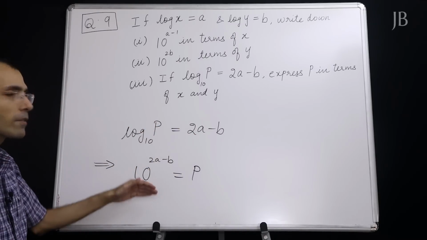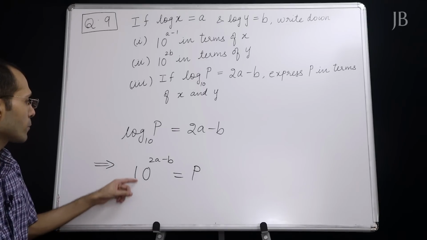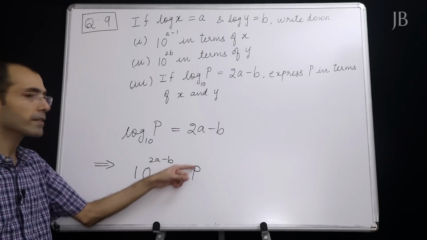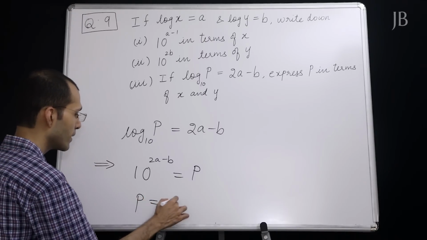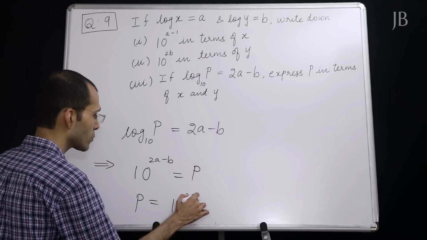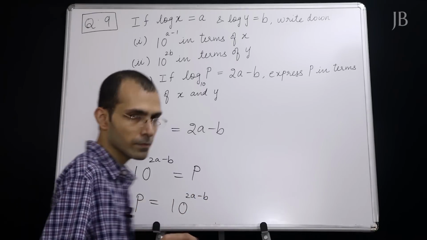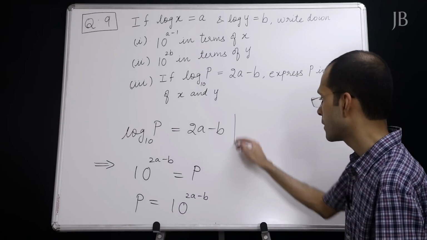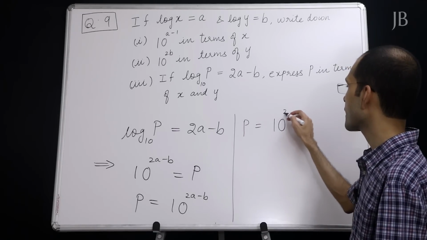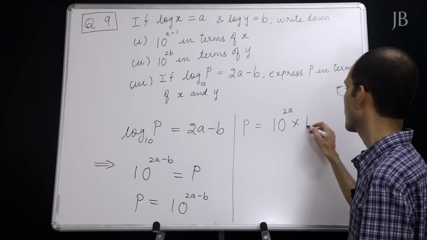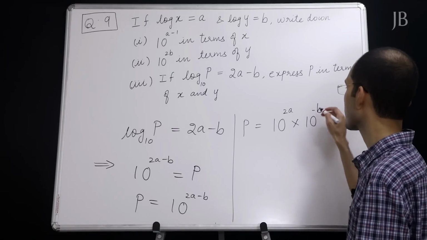So log form converted into exponential form. So 10 raised to 2a minus b is equaling p, or p will be 10 raised to 2a minus b. Now this can be written as 10 raised to 2a into 10 raised to minus b.